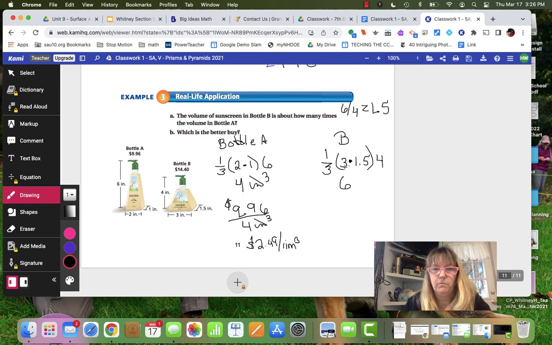All right, when we figure this one out, we take $14.40 and divide it by 6 inches cubed. I should have put labels on these. We divide that, it ends up being $2.40 per cubic inch.